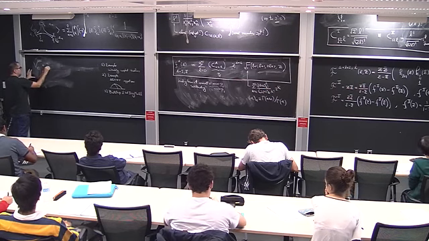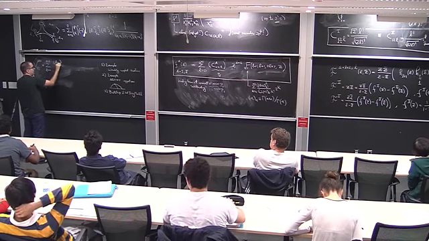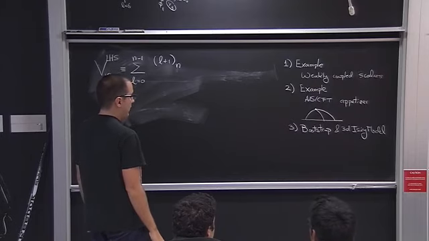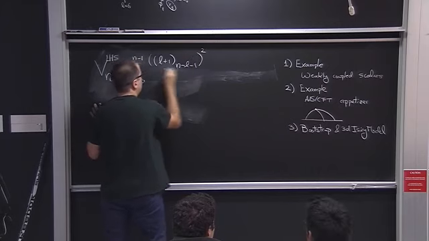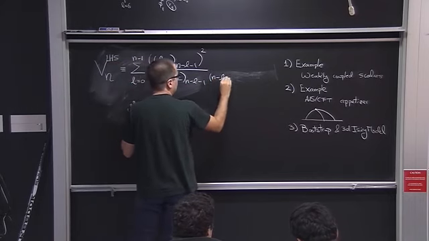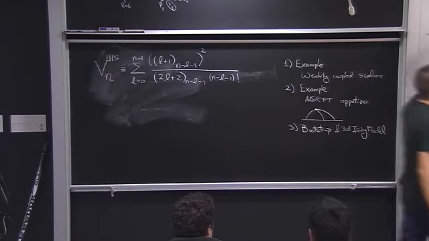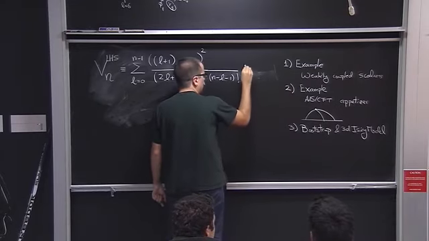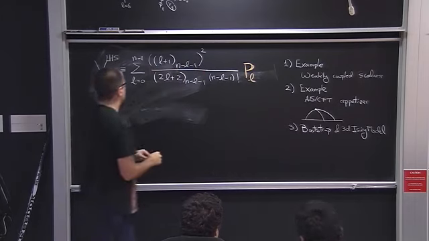So you would get a sum from L equals 0 up to n minus 1 of (L+1 choose k) with k equal to n minus L minus 1, squared, over (2L+2) with n minus L minus 1, n minus L minus 1 factorial, times our key object P_L. This is the object we want to study.